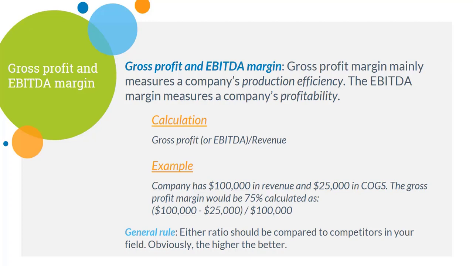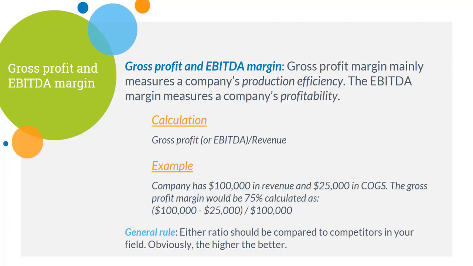Now, within the food industry, that margin is going to be a lot lower. So whenever people say, oh, the margins are really low, what they're usually talking about is the gross profit margin. And what they're saying is it takes a lot of money to produce this item, and we can't sell it for much more than what we produce it for.